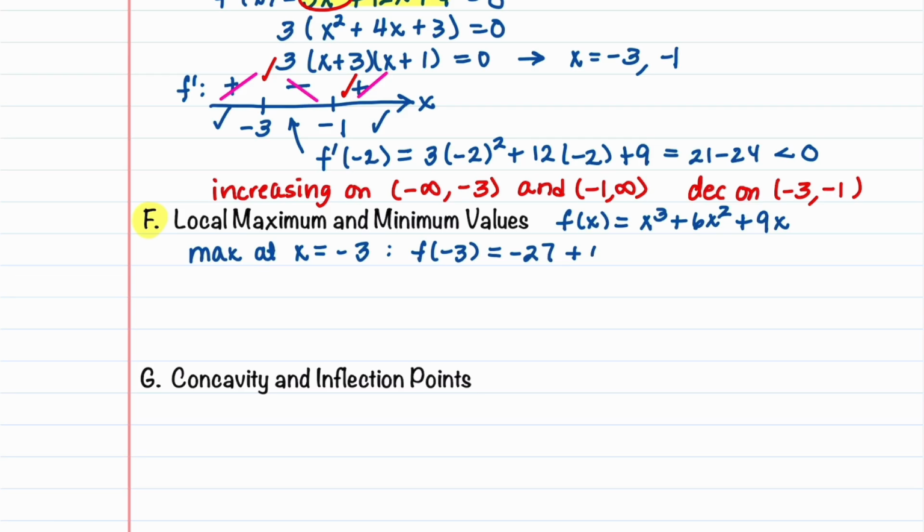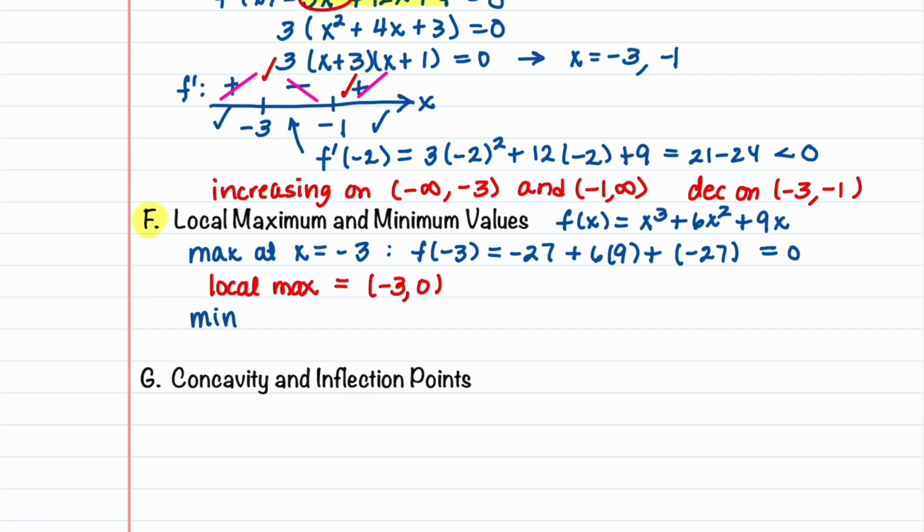And then we have 6 times -3 squared, which is 9, plus 9 times -3, which is -27. And this is equal to 0. So we can say that we have a local max equal to (-3, 0).